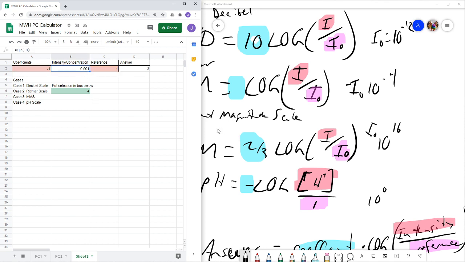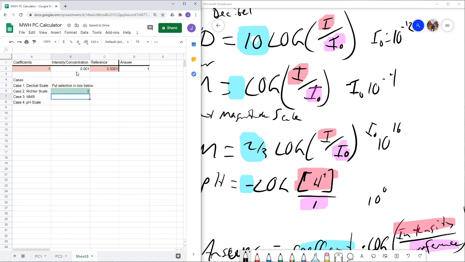So notice now if we wanted to look at the decibel scale and where the measured intensity was 10 to the negative 3 here, right? I just put a 1 in for decibel scale, and that's how many decibels it would be. Pretty cool. And if we want to switch to the Richter scale, right? Put a 2 in here, Richter scale.